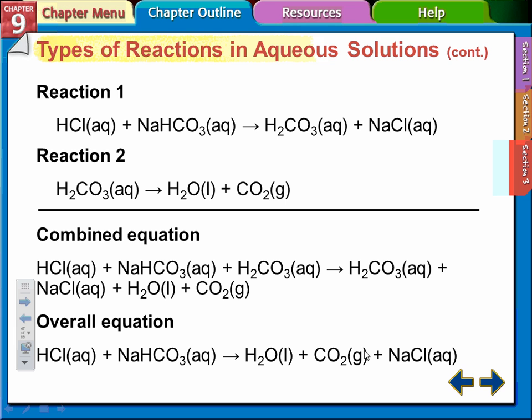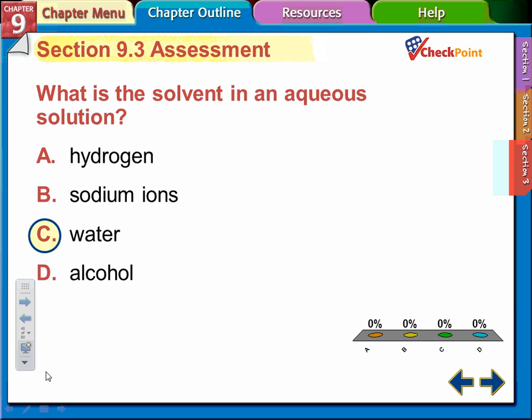This is how you normally see it written: hydrochloric acid plus sodium bicarbonate equals water, carbon dioxide, and salt. So that's why you can drink baking soda, and that's why it bubbles, and why it kind of tastes salty, if you ever drank it. I doubt you have.